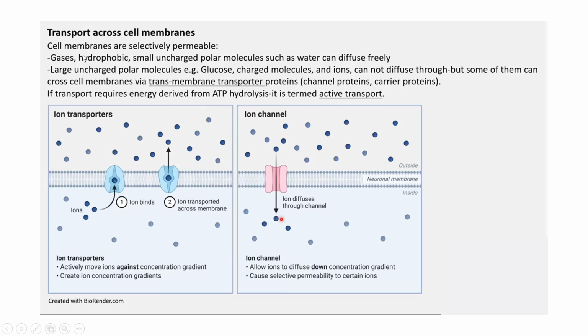Gases and hydrophobic molecules diffuse freely, but transport proteins are used for ions as well as large uncharged molecules. Ion transporters are used to transport ions against the concentration gradient, and ion channels allow transport down the concentration gradient.